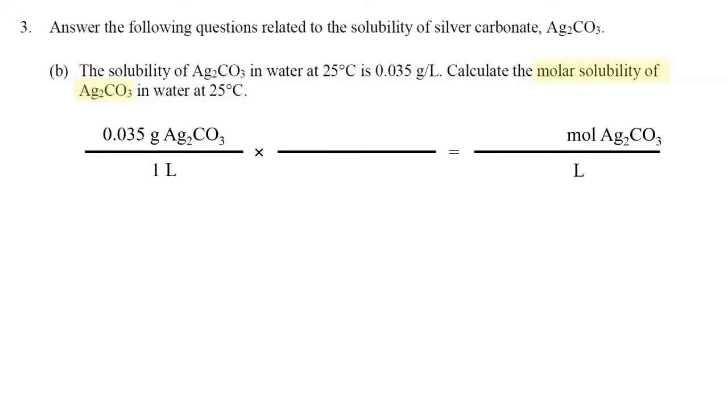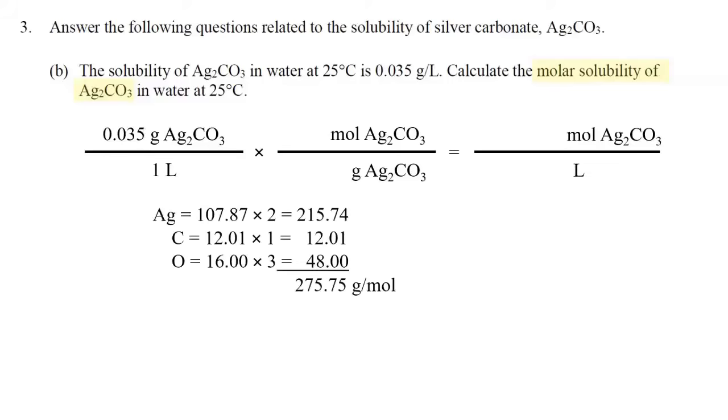We're going to consult the periodic table and figure out the atomic mass of silver times 2 plus the atomic mass of carbon plus 3 times the atomic mass of oxygen. And so when we do that, we'll put our molar mass on the bottom and 1 mole on top. So the molar mass of silver carbonate works out to be 275.75 grams. So we're going to cross off the units of grams and go to moles.